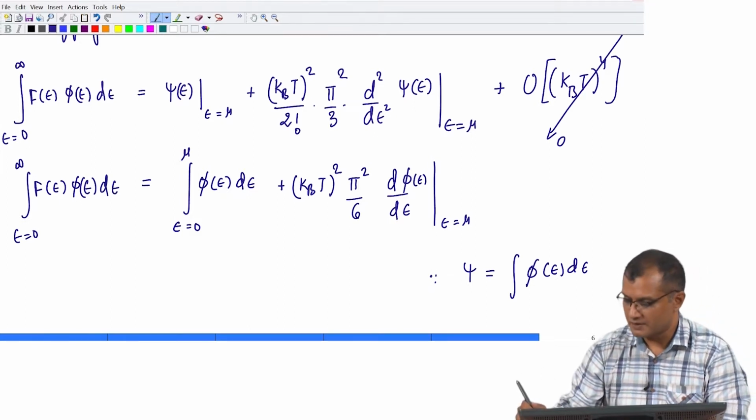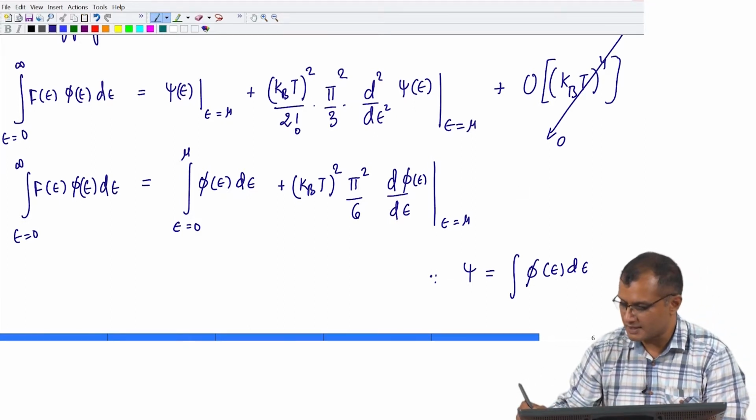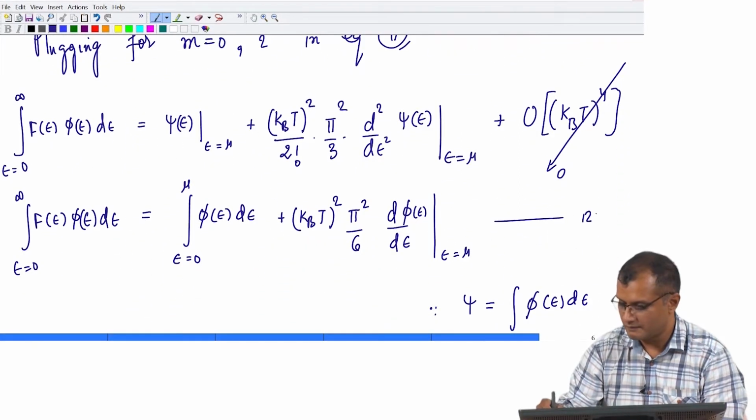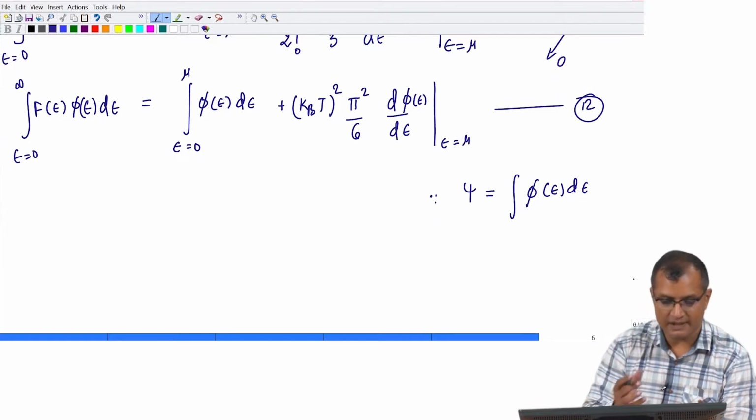Okay. So, if you can call this as integral 12, and now you can take some cases.